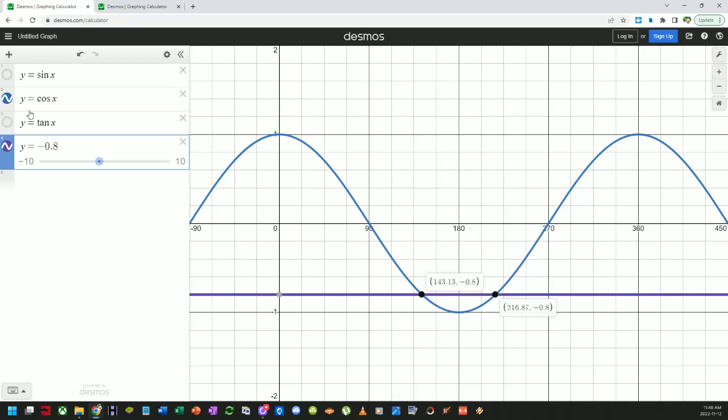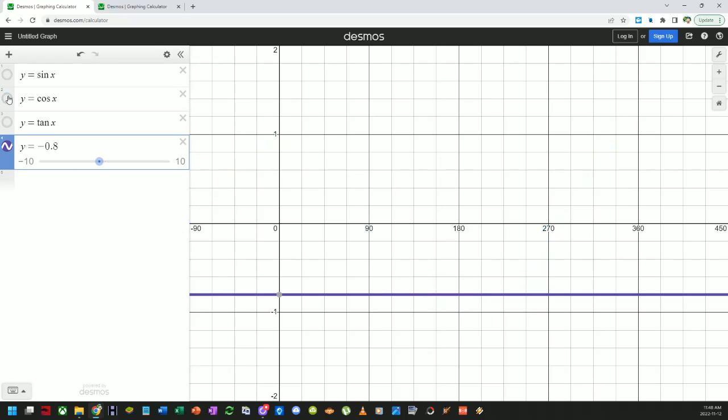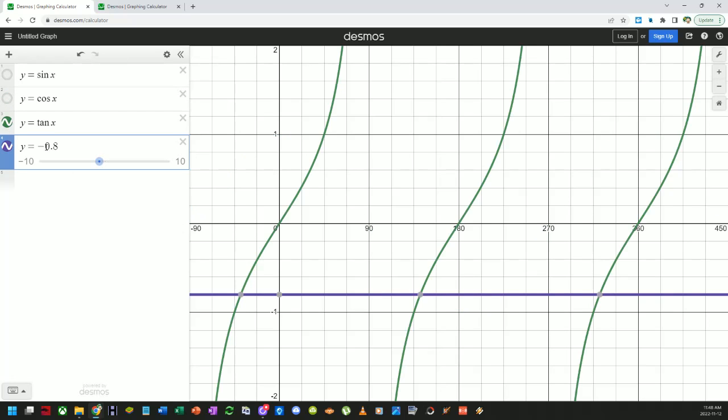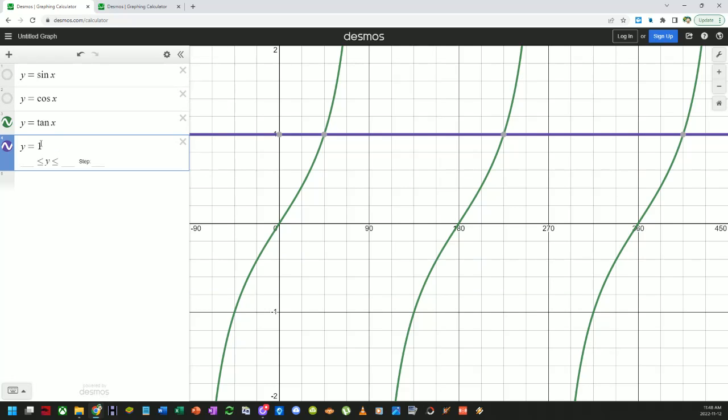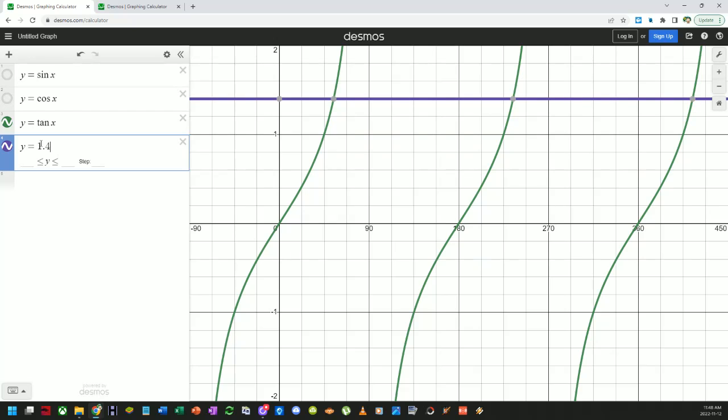Okay, if you got that one, tan is the easiest of them all. So for tan, let's go for, oh, this one, sine and cos are limited between 1 and -1. Tan isn't. So let's do tan x equals 1.4, just for interest's sake. And one of the angles that it gives us, which is likely going to be that one, is 54 degrees.